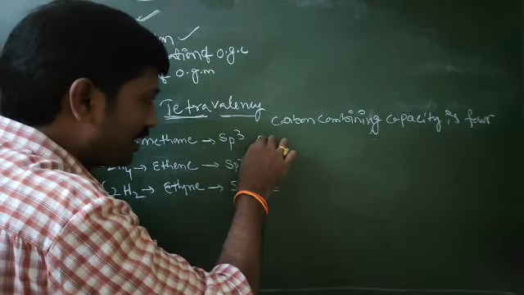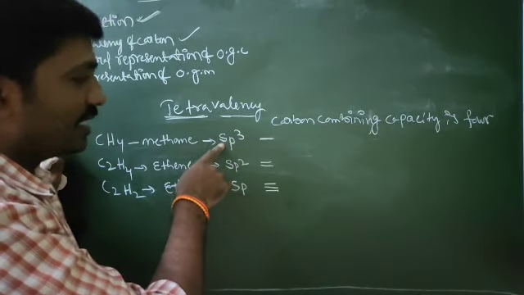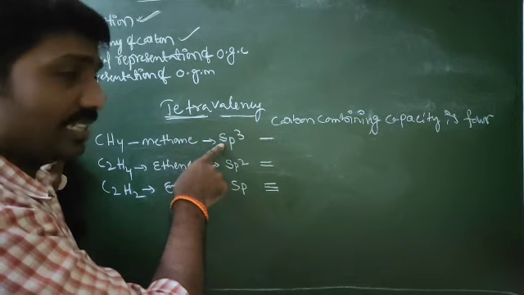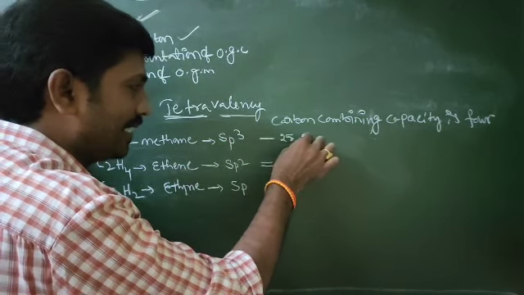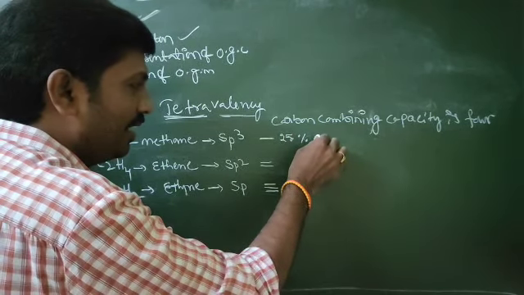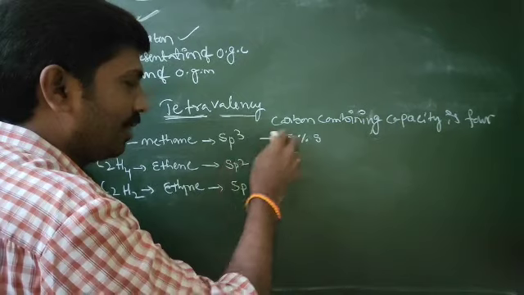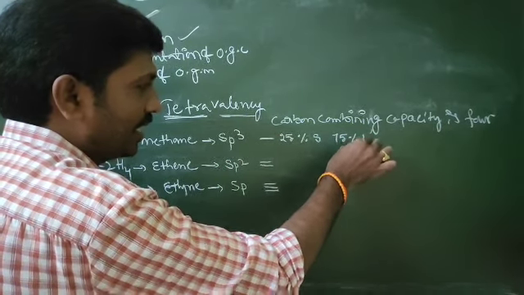What is the s percentage here? In sp3 hybridization there is 25 percent s character and the remaining 75 percent is p character.